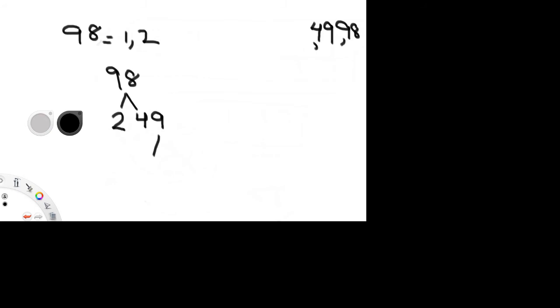And then we write the next one. 2 is a prime number. 49 is not. So we're going to write the prime number 7. 7 times 7. Oh, look at that. There's 2 numbers there. So 7 goes down.